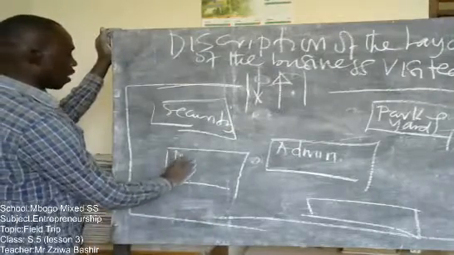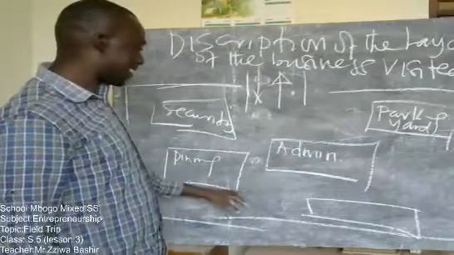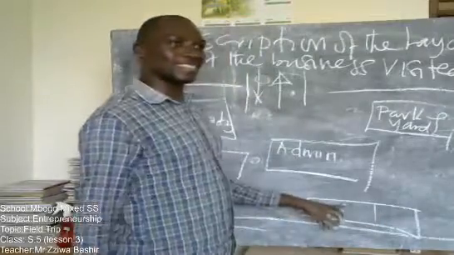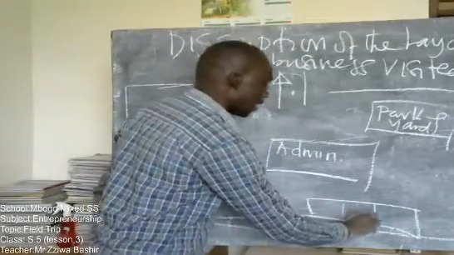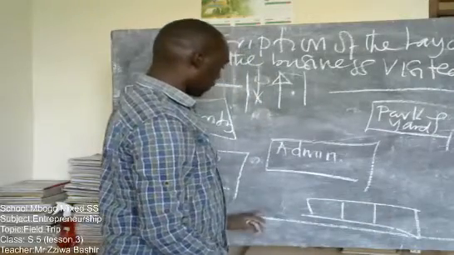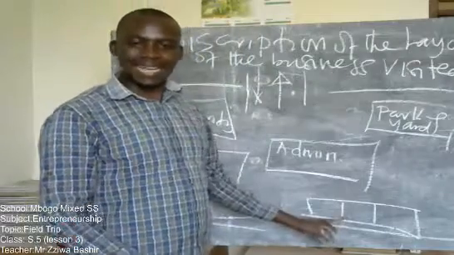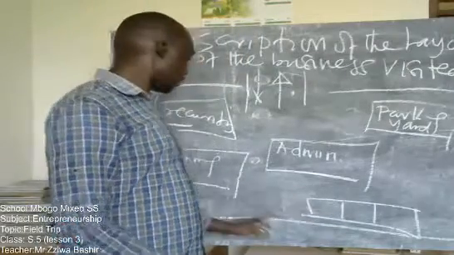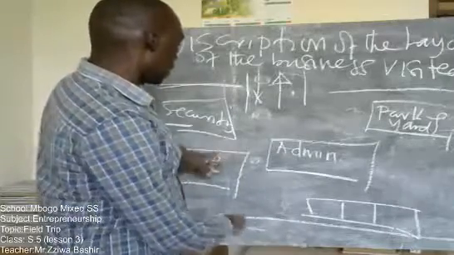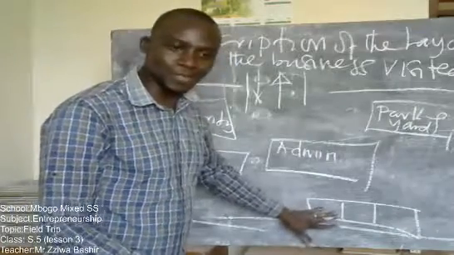The dining hall, where we normally go for meals. Then employee facilities, toilets, washrooms, somewhere here. Do not put the employee facilities, the toilets, near the dining hall. The dining hall is supposed to be somehow far from the employee facilities for hygiene issues.